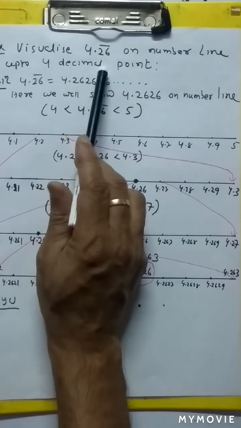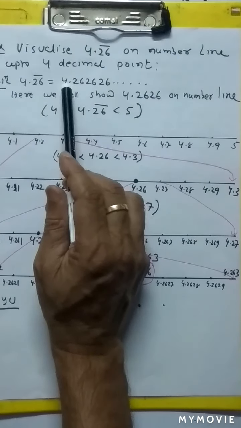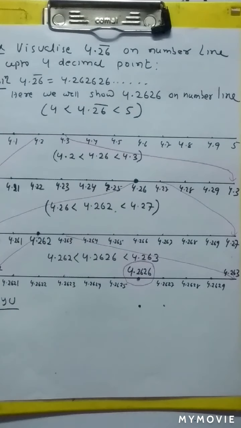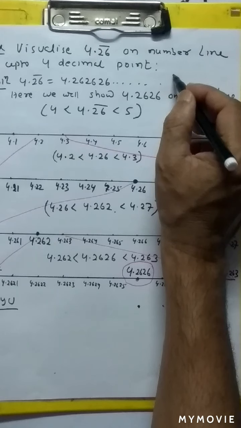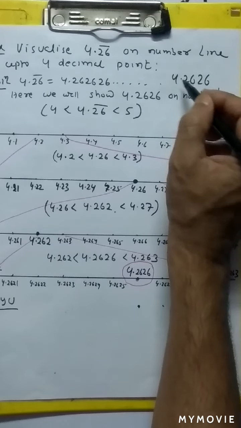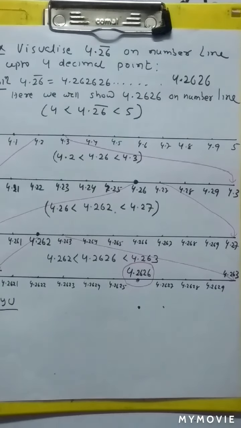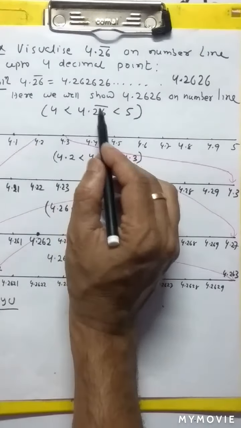So we have to represent this up to 4 decimal points. That means we have to represent 4.2626. After the decimal point, we have to take 4 numbers. That is 4.2626.